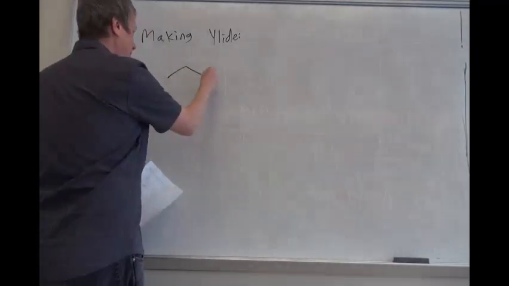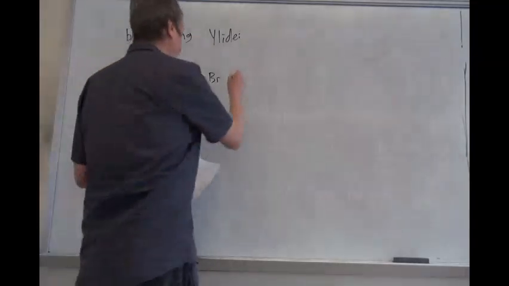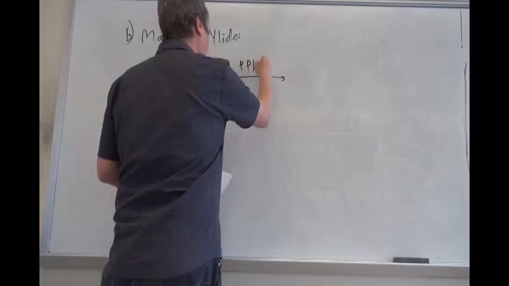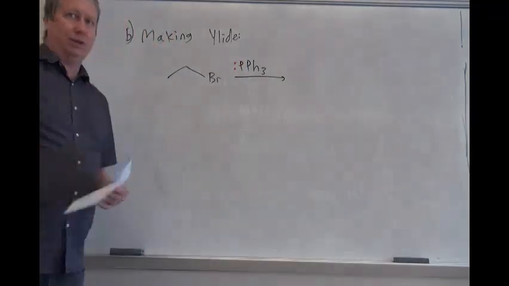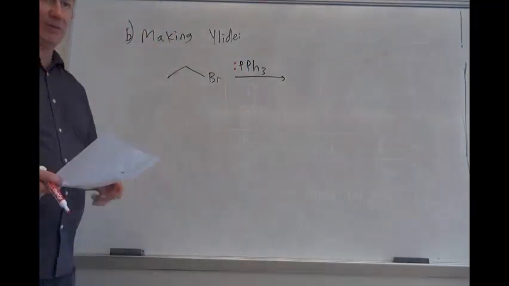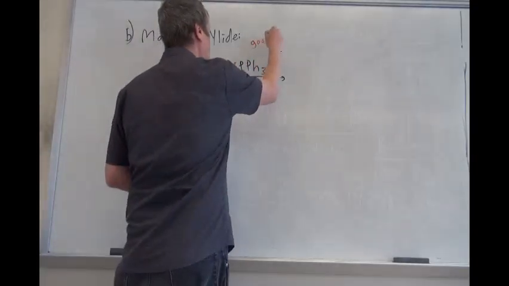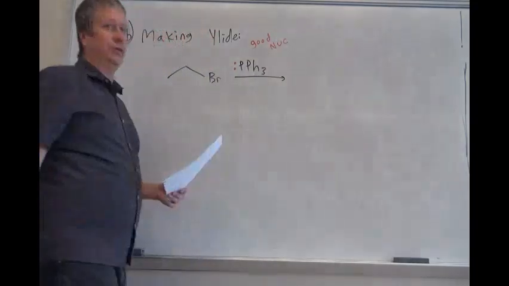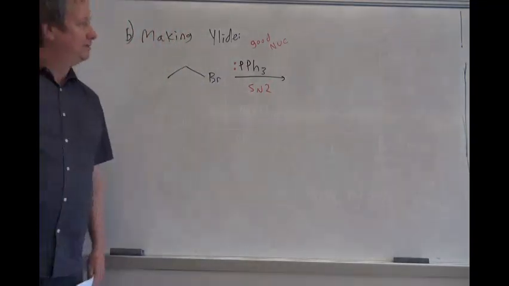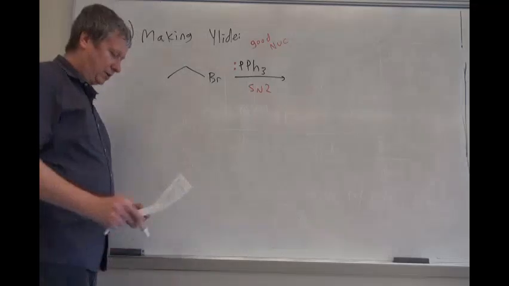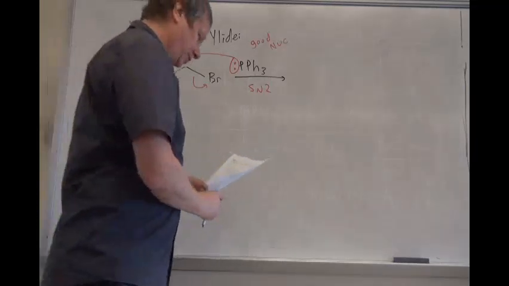If I have this guy and I want to make it into an ylide, a 2-carbon bromide, for example, you treat it with PPh3, which has a lone pair. One thing you should know about PPh3, phosphorus with three things on it, is it's a good nucleophile. And as a good nucleophile, it's going to do an SN2 reaction. So what's the good nucleophile going to do in an SN2 manner? It's going to attack and kick off the Br.